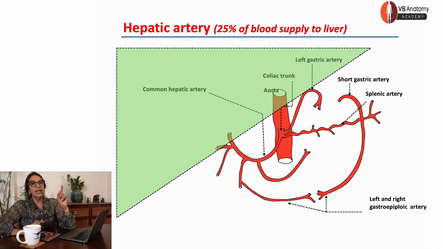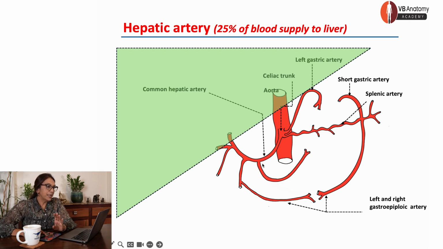Quickly learn your hepatic artery, you're expected to know it. So here's your abdominal aorta, giving rise to the celiac trunk, which gives rise to three main arteries: left gastric artery, splenic artery, and the common hepatic artery.